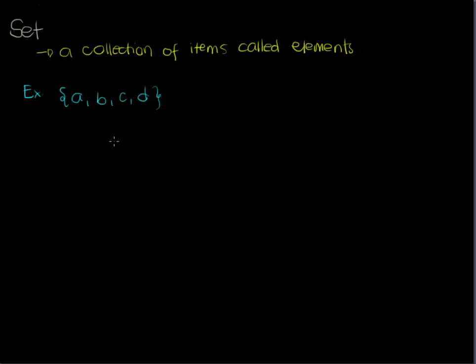And the elements that we are talking about here is the item that belongs to that particular set. So this one is the first element, second, third element, and this is fourth element. Okay, so let's have another example.